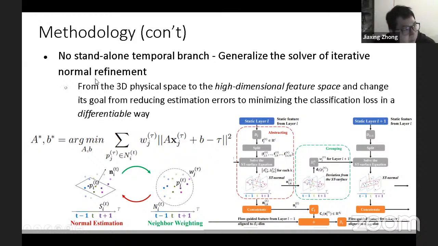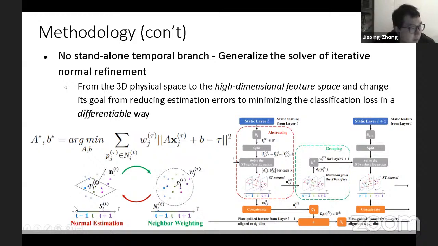And in this 3D physical space, it is a non-differentiable process, and we're trying to extend this to the high-dimensional feature space and make it differentiable. That is our main motivation here.